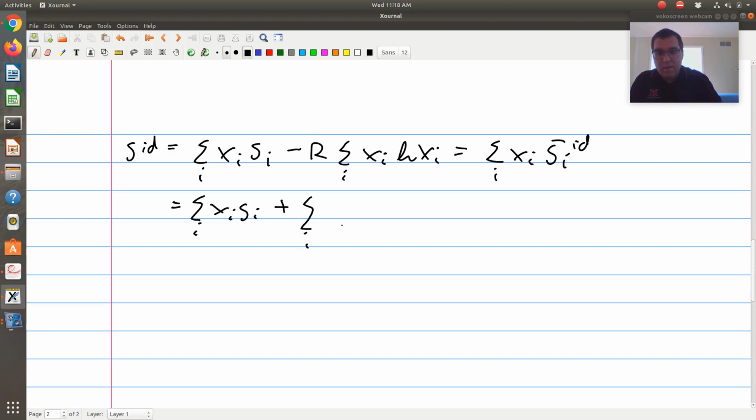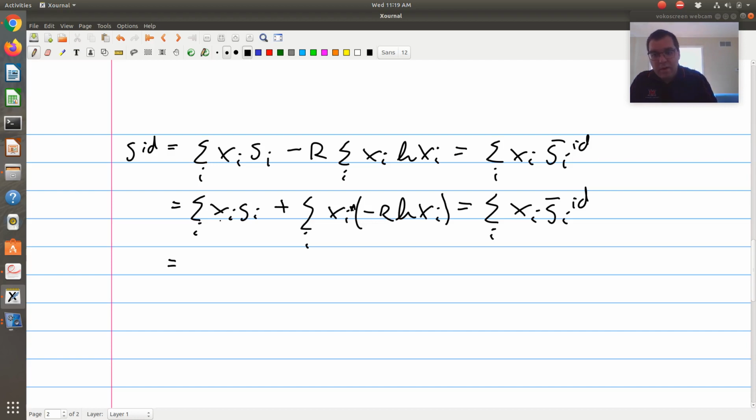I'm going to write it as the sum over i of negative R x_i log x_i, equal to my sum over i of x_i S bar_i ideal. Let's bring it in further to make it more obvious when we collect terms: I'm going to write this as x_i times negative R log x_i.